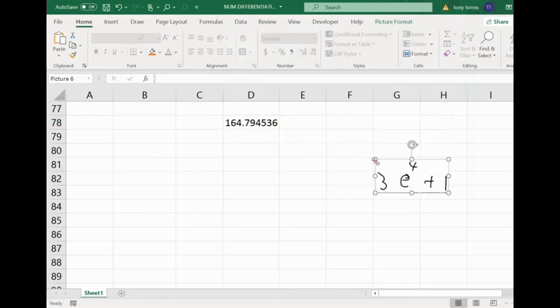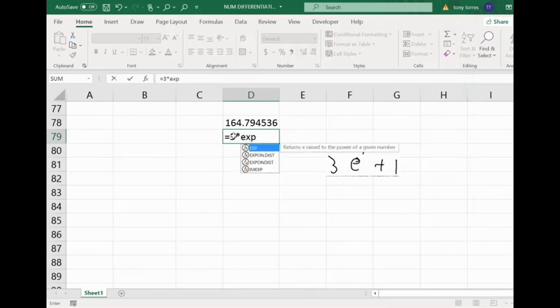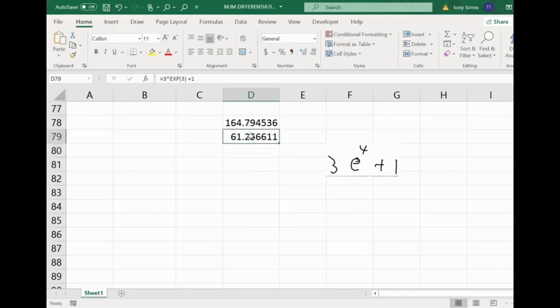Let's see if I get this. 3 exponent to the 4 plus 1. So let's do this right there. So it's 3 times the exponent of the value of 3 plus 1. Oops, sorry, to the 4. I said, oof, what happened? There we go. Now, let's see the difference. Equal.